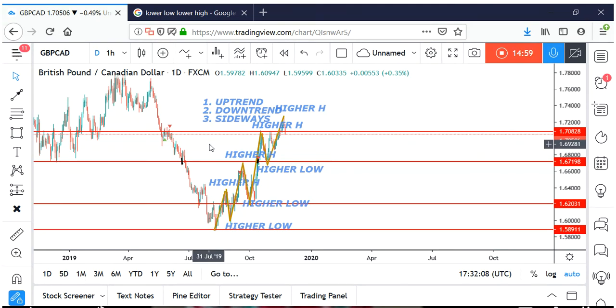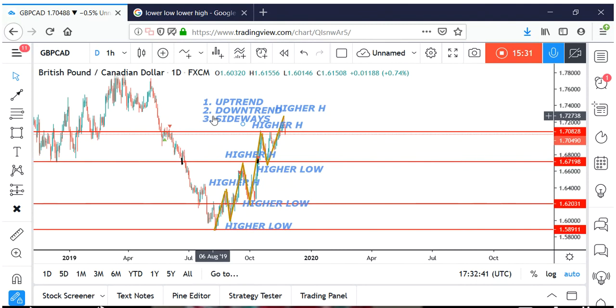So in the next video, we'll talk about retracement and consolidation. This video we just covered uptrend, downtrend, and sideways. These are the three structures of the market, and in the next video we'll look at what causes the market, when it's in an uptrend, to go into a retracement or consolidation phase.